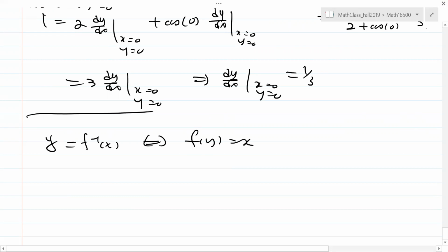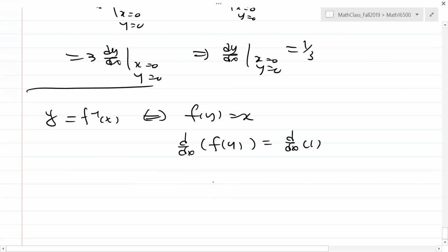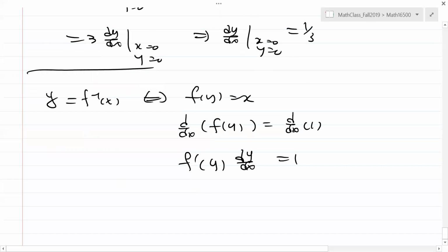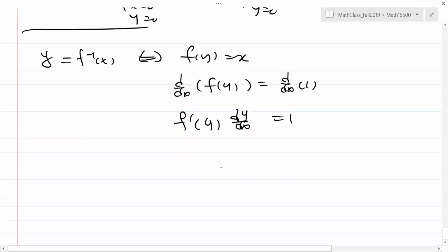Let's find the derivative using the implicit differentiation method. The derivative of x is 1, and this side is f prime of y times dy/dx. So the derivative of y with respect to x is going to be 1 over f prime of y.